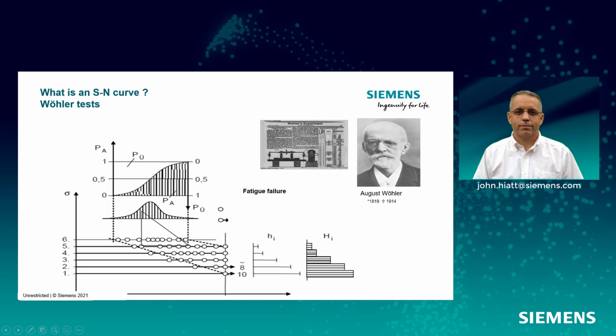Now, even with a machined smooth specimen that they're going to test, there's going to be variation. So when I test at load level 1, it's not going to fail at the same time. Generally, what I've been told by some of our fatigue experts is the minimum is 5 loads, 3 samples.